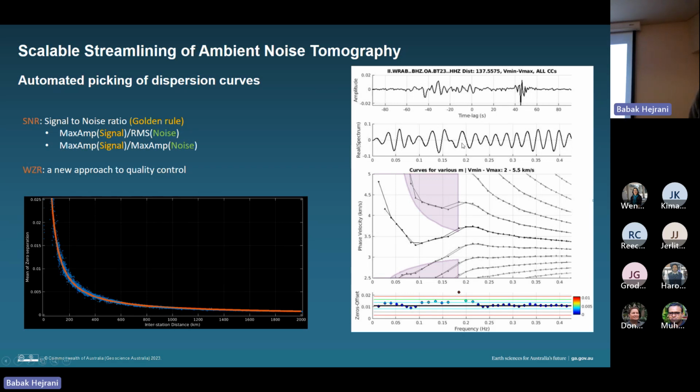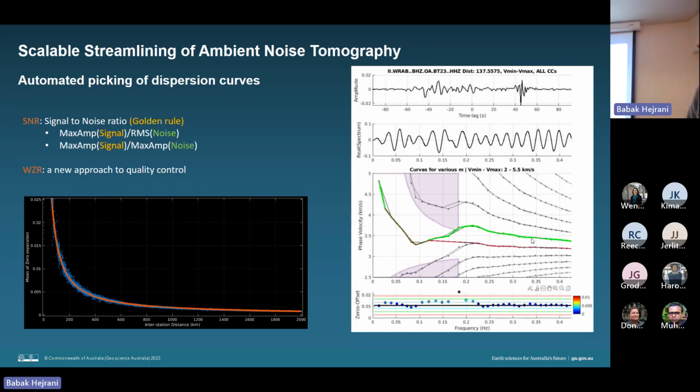In this case, it's caused by this tiny little problem over here. There's no zero, and therefore that zero is missed, and your dispersion curve doesn't look reasonable. So I'm using this as a guide now. Whenever there is a missing zero, I go to the next branch of the dispersion curve. Therefore, instead of this green one, I obtain the red one, which is a more reasonable, realistic value.